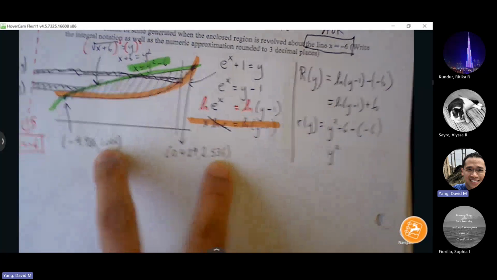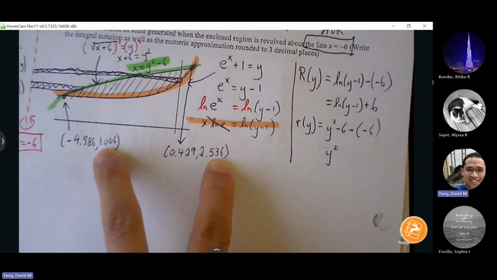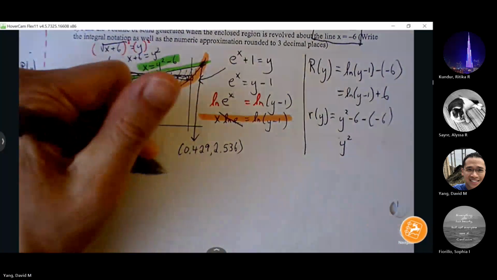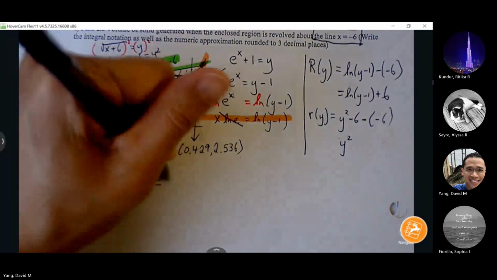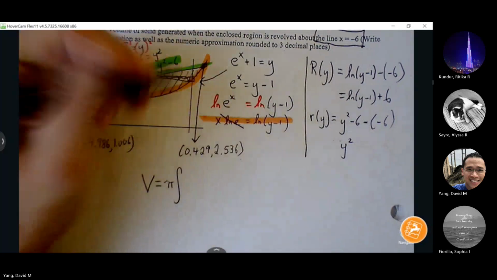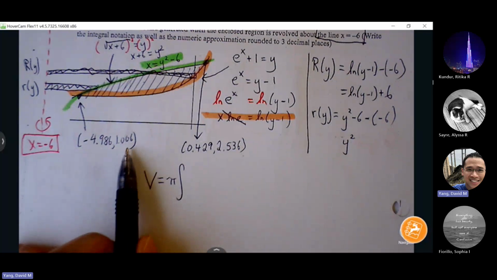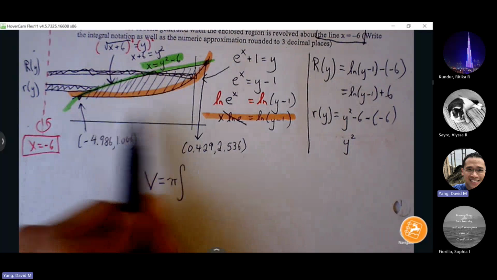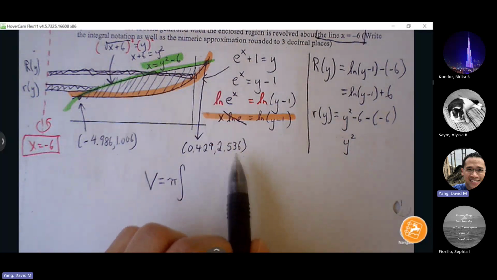I have my bounds, lowest to highest y value. Okay, my lowest y value is 1.006. My highest y value is 2.536.